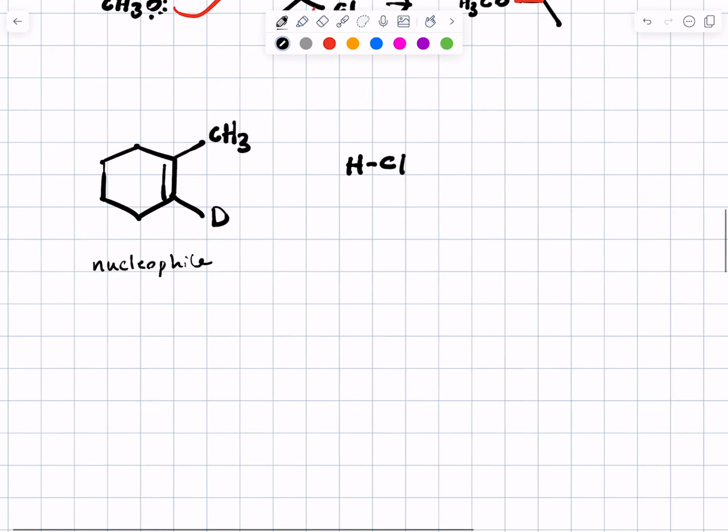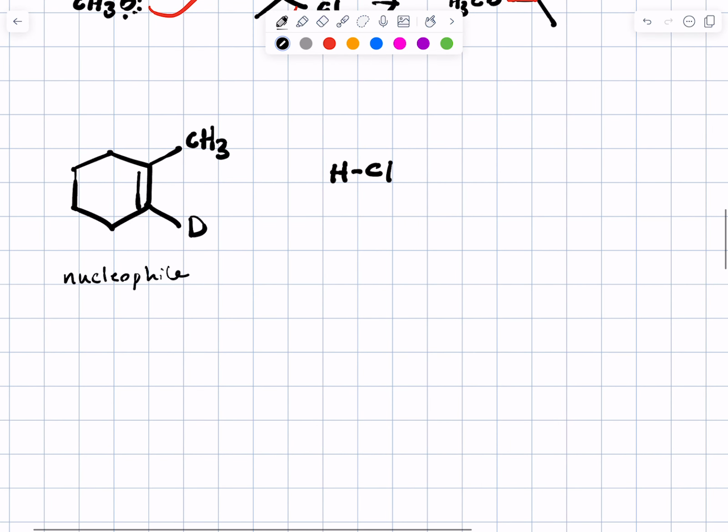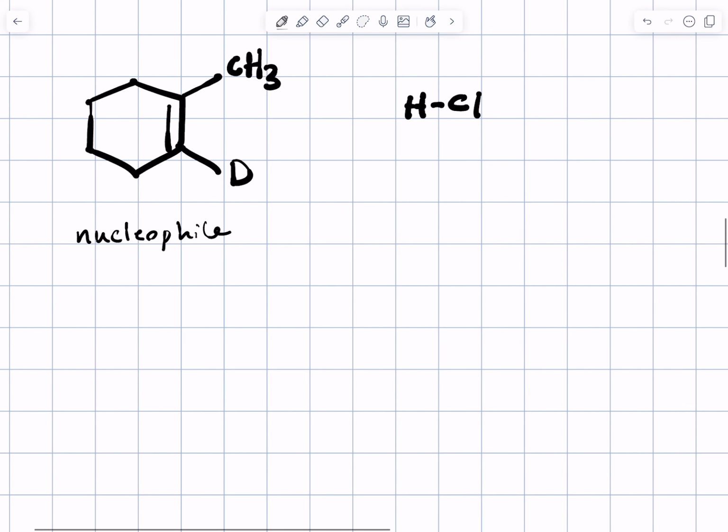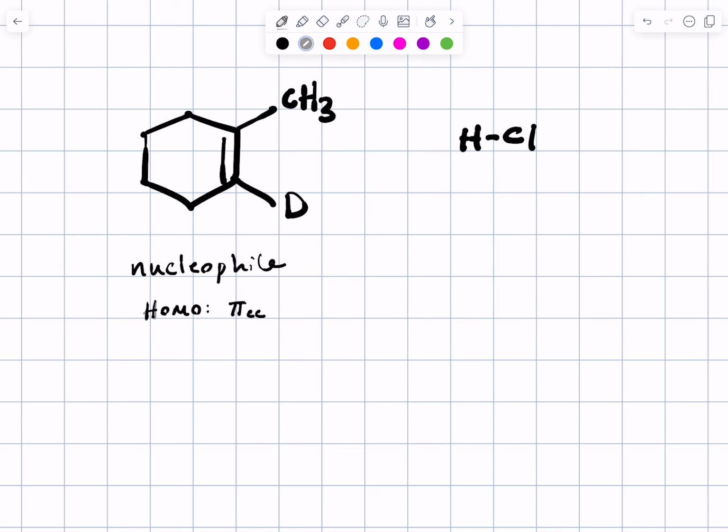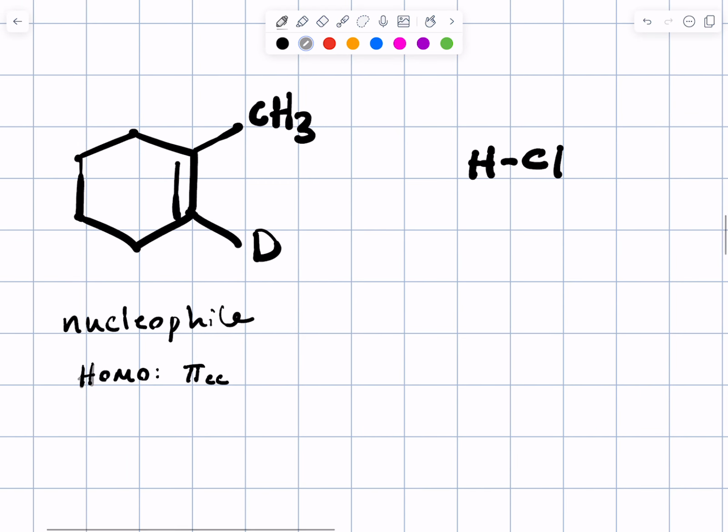In any case, the nucleophile is the alkene, so we're going to be concerned as to what the highest occupied molecular orbital is, and it is the carbon-carbon pi bond. Let's draw that pi orbital on the alkene. You've seen pi orbitals before.